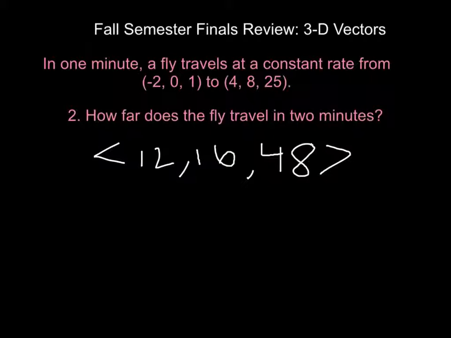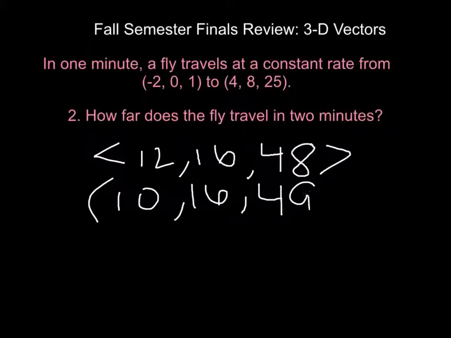And then if you add (12, 16, 48) to (-2, 0, 1), you get the second point, the point it gets to in 2 minutes. And then you do the distance formula for those 2 points. The point is (10, 16, 49).